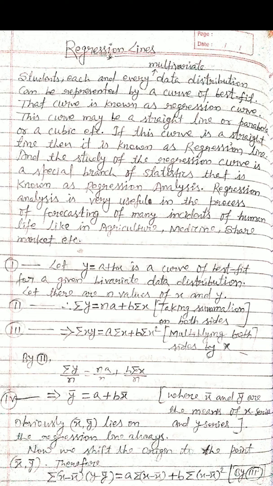There are many things on which agriculture depends: one is rainfall, another is fertilizers, another is the fertility of the land. So the production depends on many things, and that is the case in which we find the regression line.